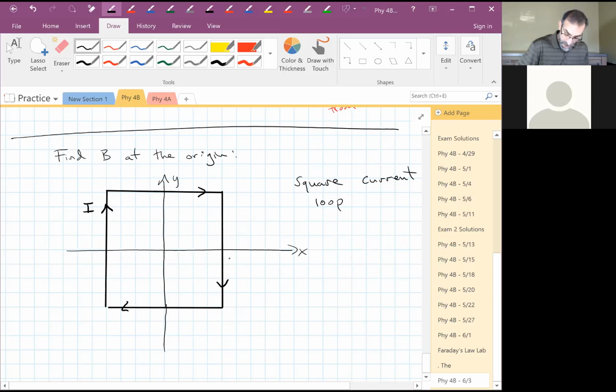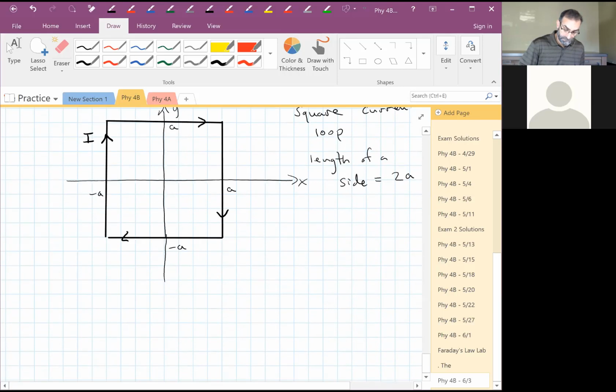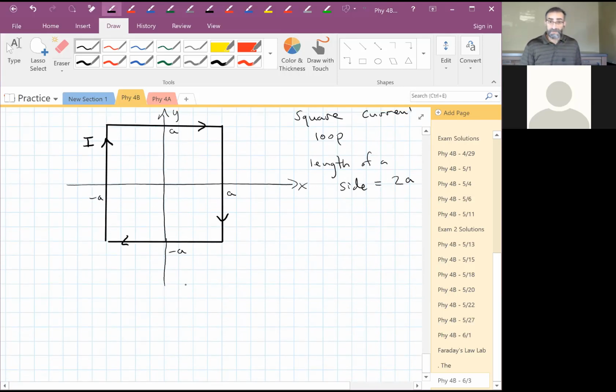And we'll let this be A, minus A. So we'll find the magnetic field at the origin due to one side, and then we'll multiply it by 4 at the end.